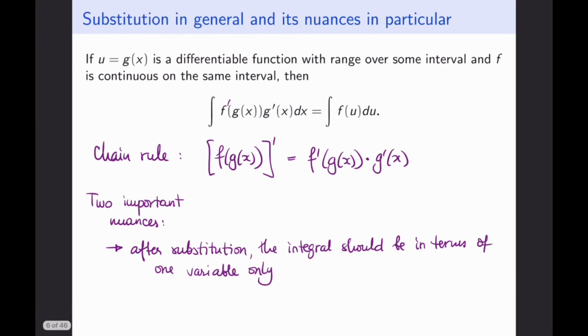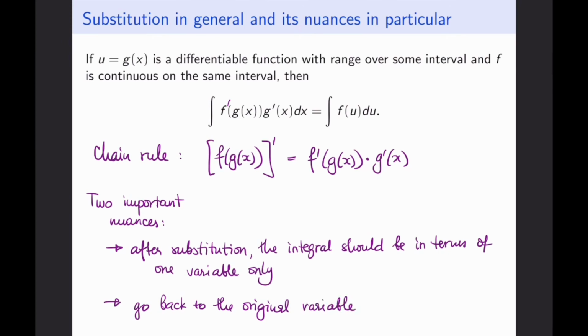If you cannot consolidate the entire integral to contain u only, then the substitution failed. And the second important nuance in all of these substitution examples is that you should always go back to the original variable. So if the integral was given in terms of x, then you need to go back to the original variable x.